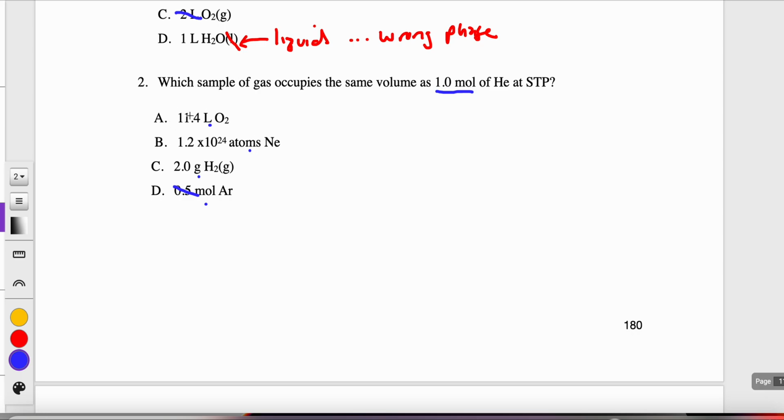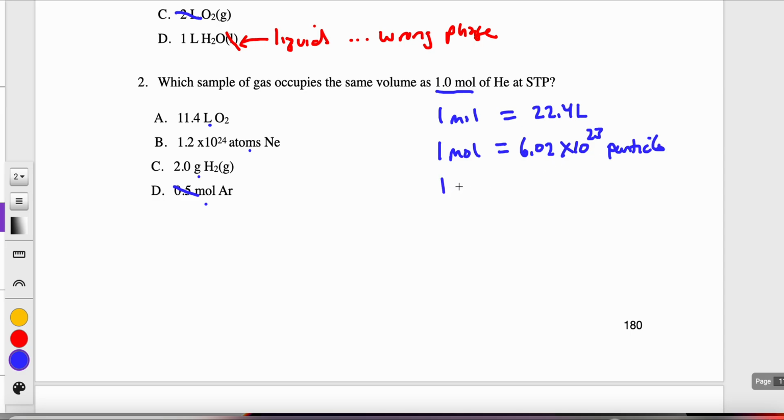To pick out the best answer from A, B, and C, we've got to think about things that we learned from the mole diagram. So 1 mole of any gas at STP will occupy 22.4 liters. 1 mole of any sample means it will have a count of 6.02 times 10 to the 23 particles.